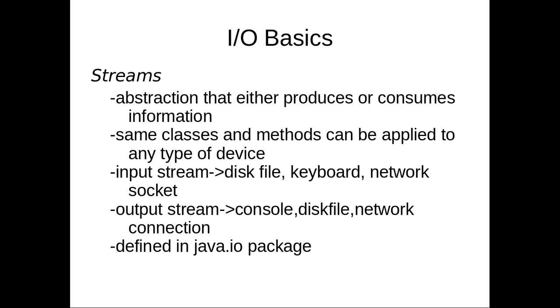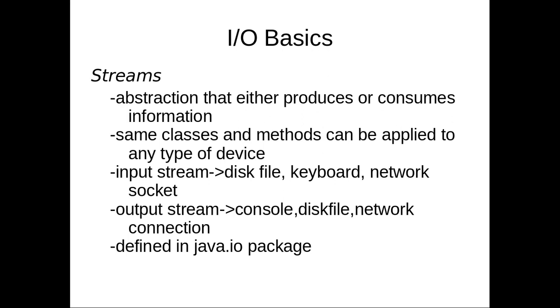Okay. For output devices, for example, your console, then a disk file. That means your output can be written to a disk file, and a network connection. If you are sending something, that's also a type of output stream. Whatever your device is, it's an input device or an output device.